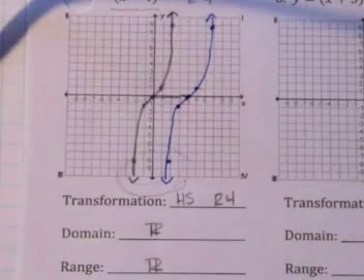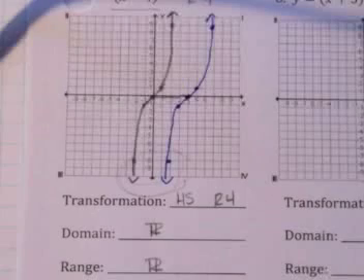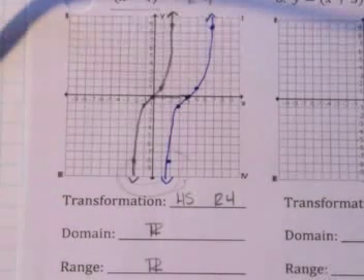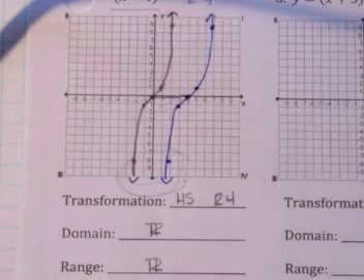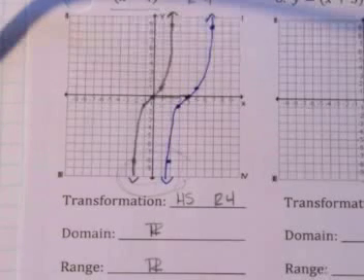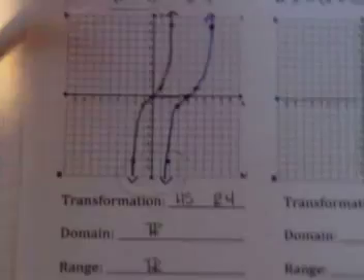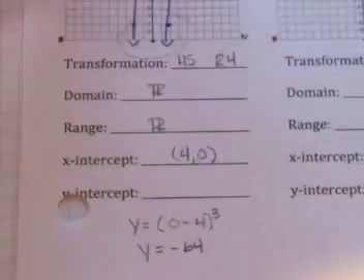I'm running off the graph down here, and I can't actually look at my graph and see where I cross the y-axis. So in order to do that, I'm going to plug in a 0 for x, because I know that when I'm on my y-axis, x is 0. And I'm going to solve for y. So this would just be -4 cubed, which is -4 times -4 times -4, which gives me -64.